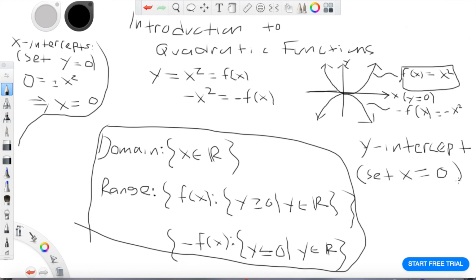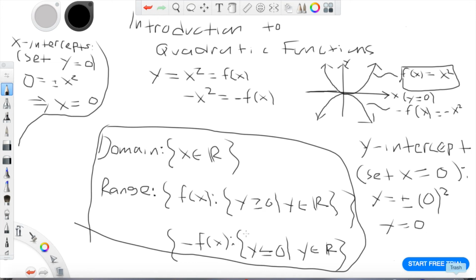And so when we set x equal to 0, what we get again is plus or minus 0 squared. And what we get here is we just get y is equal to 0.